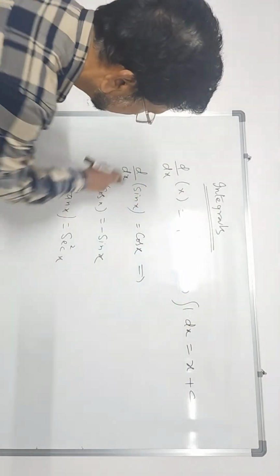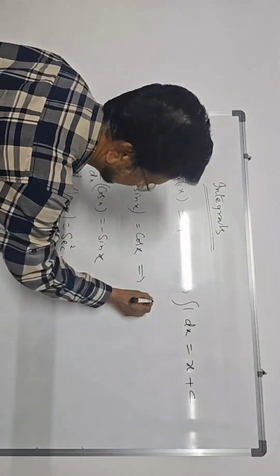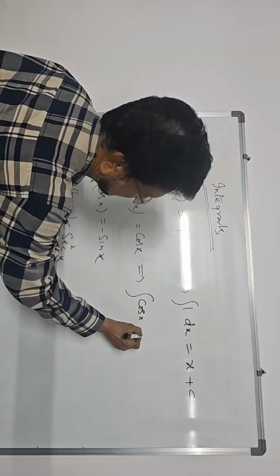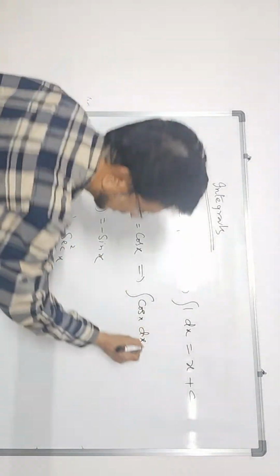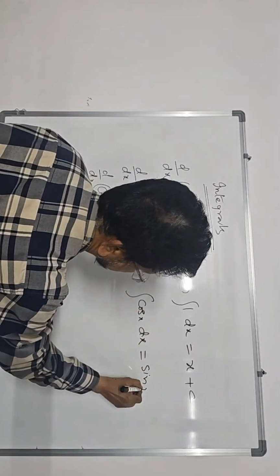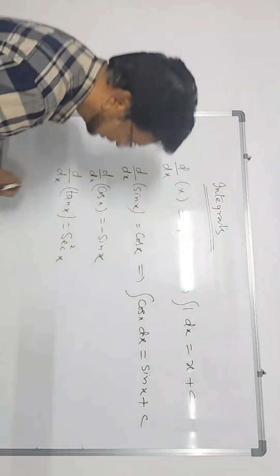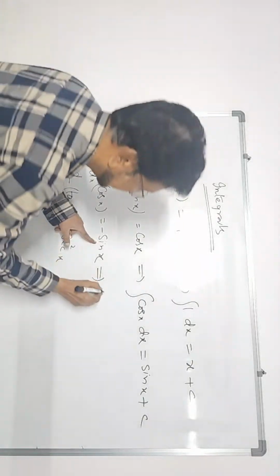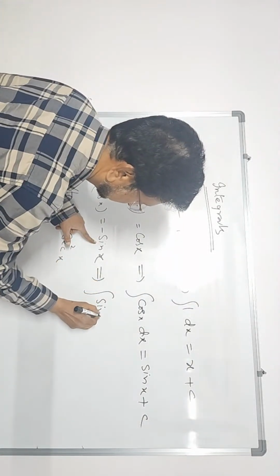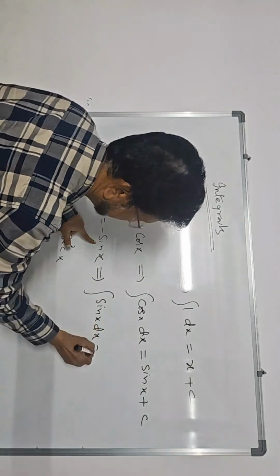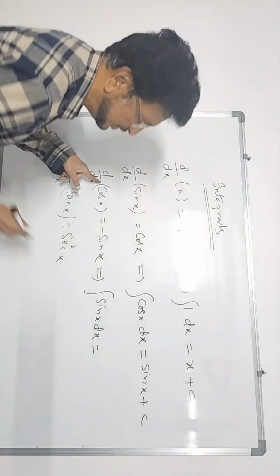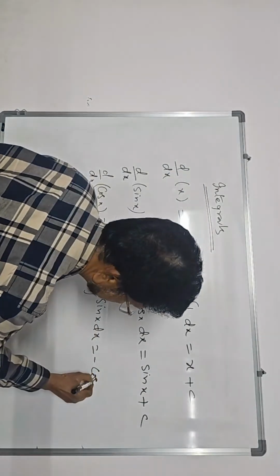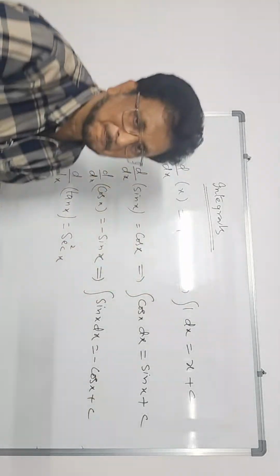This is the meaning. Here also you can write the same: integration of cos x dx with respect to x is equal to how much? Sin x plus c. Same way, integration of sin x dx is equal to minus cos x plus c.